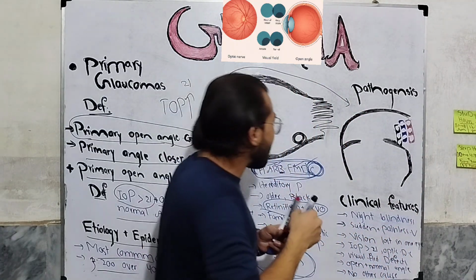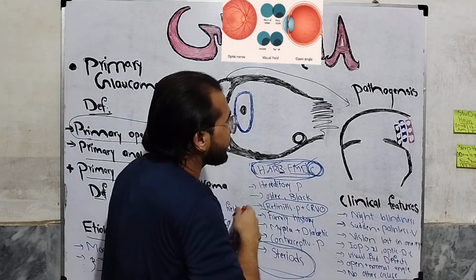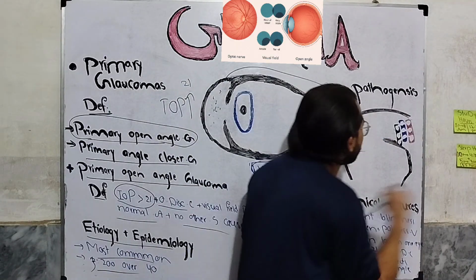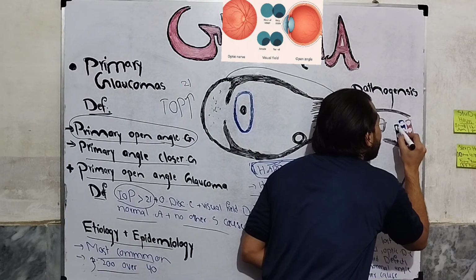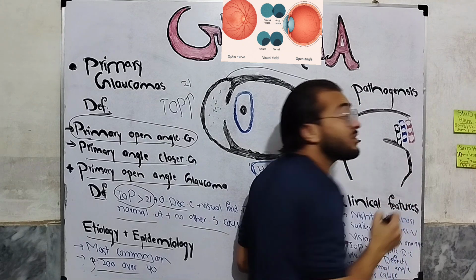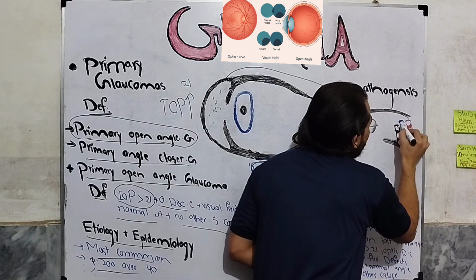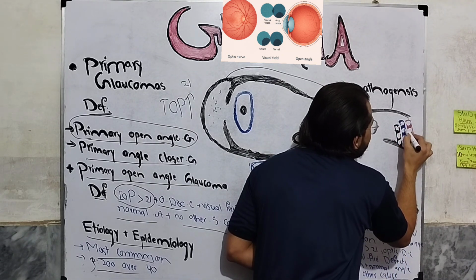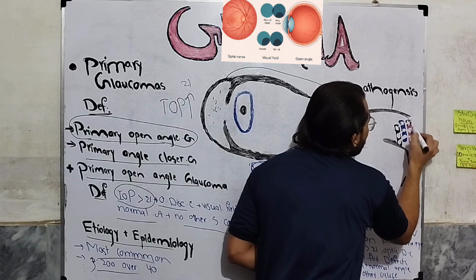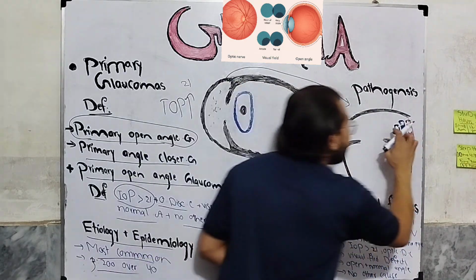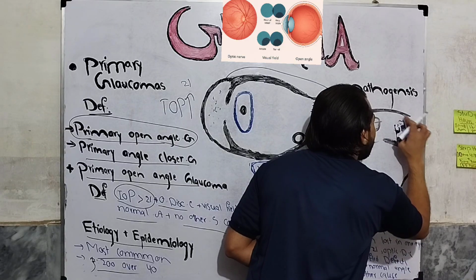Due to these etiological factors, the trabeculocytes which surround these perforations and pores will degenerate and be lost.